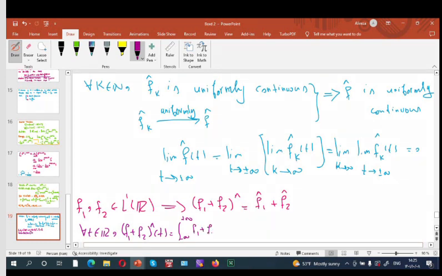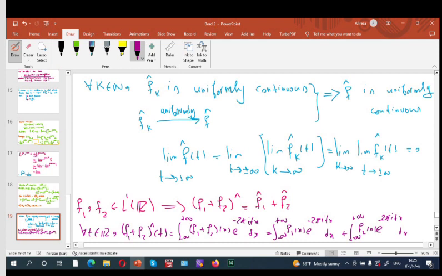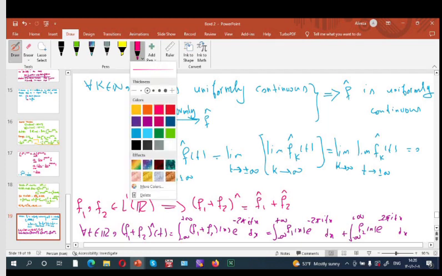Of f1 plus f2 of x times e to the power itx dx, and this is equal to these two integrals, f1 of x times this power and f2 times this coefficient, and this is equal to f1 hat of t plus f2 hat of t, okay?